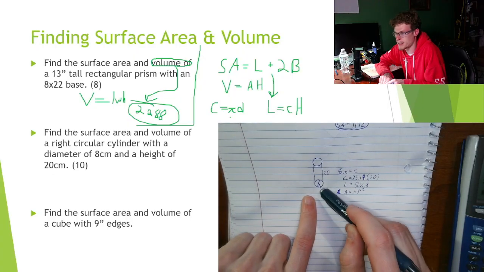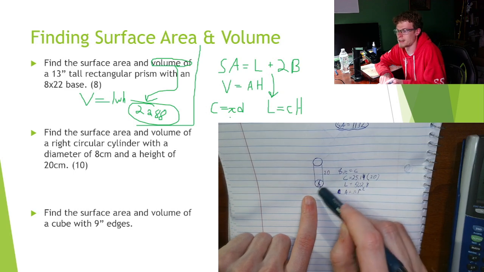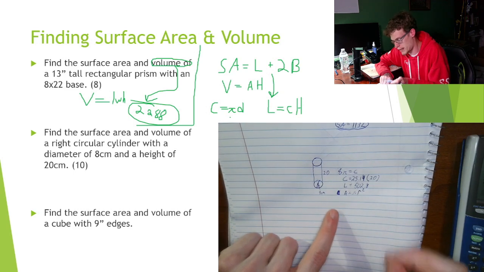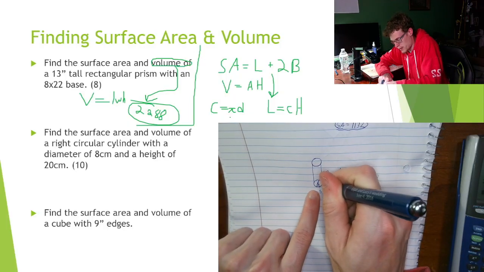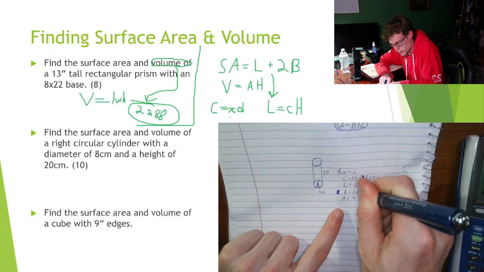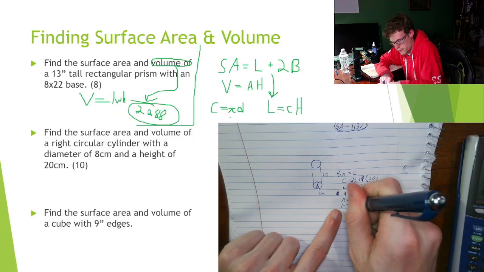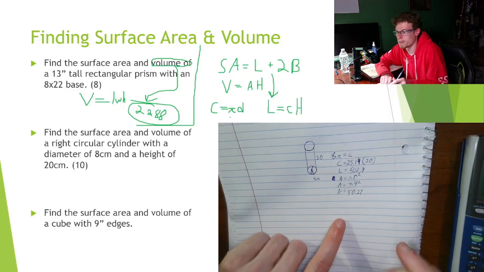Note, 8 centimeters is not r, that is d, because it is a diameter, not a radius. So that means we have to divide it by 2. Area equals pi times 4 squared. Area equals 16 pi, which, if you calculate that, is 50.27.